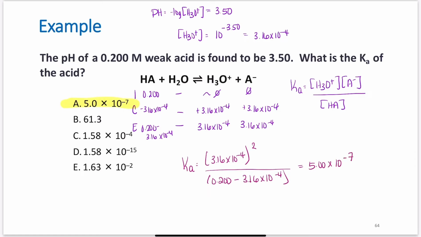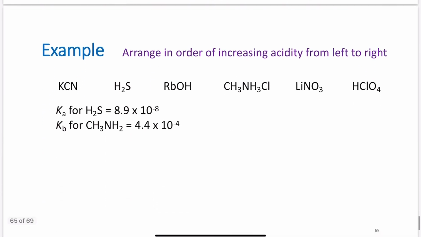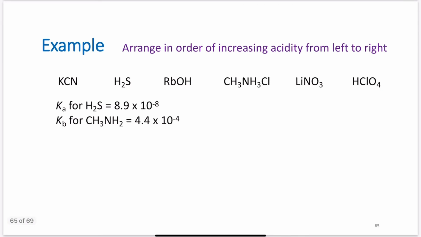What if I asked you for the Kb? I could do that. I could say, what's Kb? Once you find Ka, you know this is equal to Kw over Ka. And you could actually tell me the Kb as well, the Kb for the conjugate base, that is.